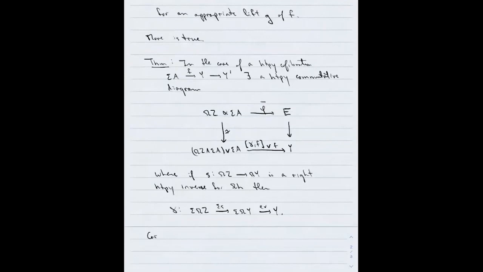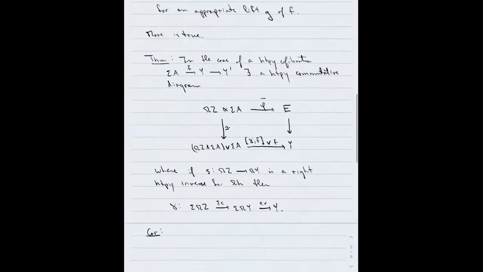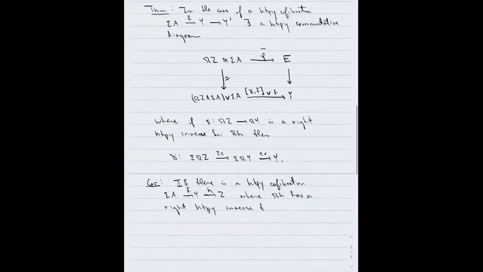And as a corollary of this, if there is a homotopy cofibration, so this will be the enhancement of corollary C, where we start with suspension A to Y to Z, and loop H has a right homotopy inverse, then we can say more about the homotopy fibration that we get out of it.